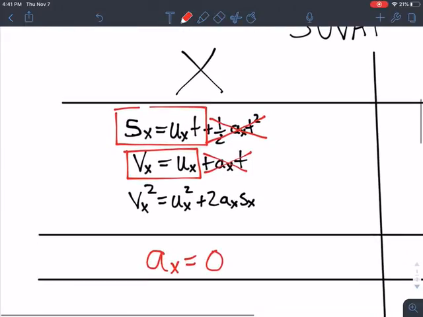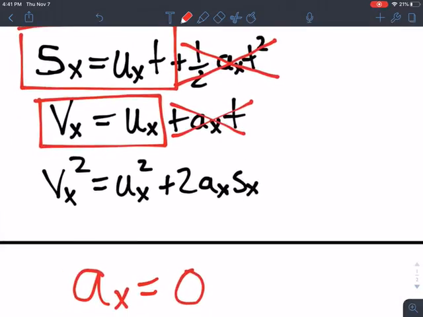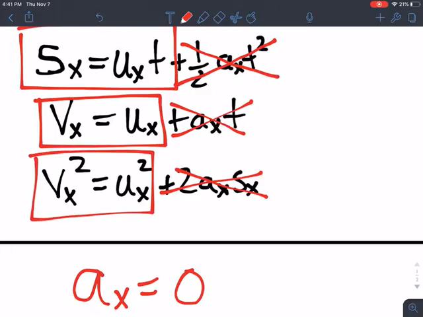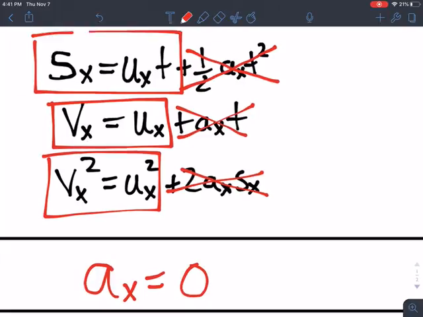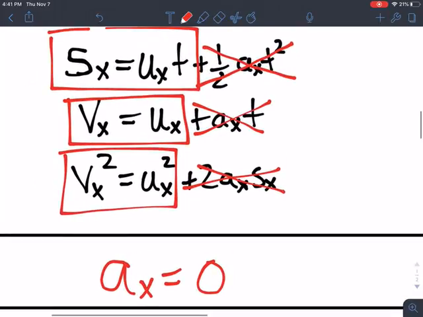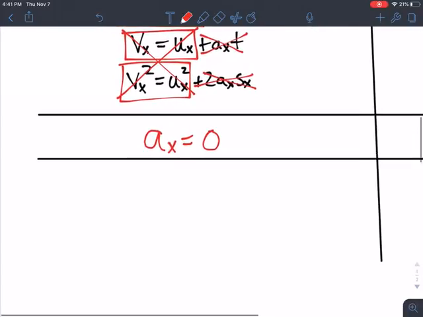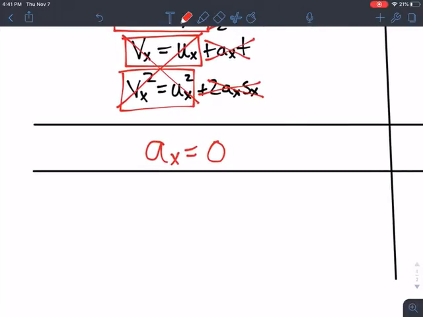And that's exactly what this equation says. And then the last equation in the x direction, 2AS, we plug in 0 for AX. That cancels this whole quantity out, and we're left with Vx squared equals Ux squared, which says the same thing as these two. And so really these two equations right here become obsolete. So all we're left with in the x direction is Sx equals Ux times T.